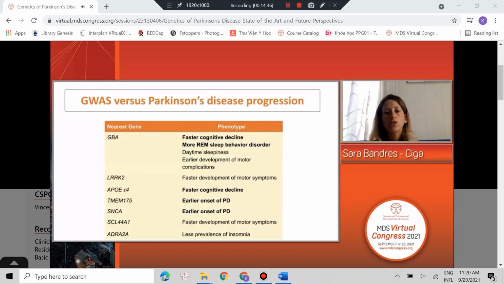And I would like to briefly mention and summarize this list of genes whose variants have also been reported to be associated with Parkinson's disease progression in previous association studies. And the most studied gene is obviously GBA, right? And in particular, the E326K variant that has been linked to faster cognitive decline. Parkinson's disease patients with GBA variants seem more affected as well by REM sleep behavior disorder.